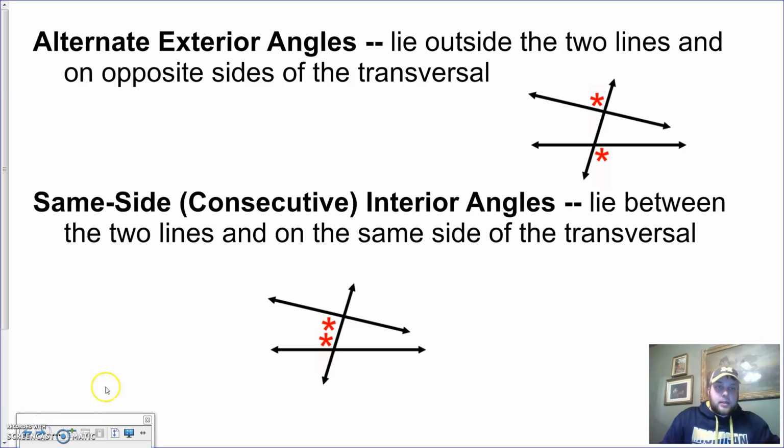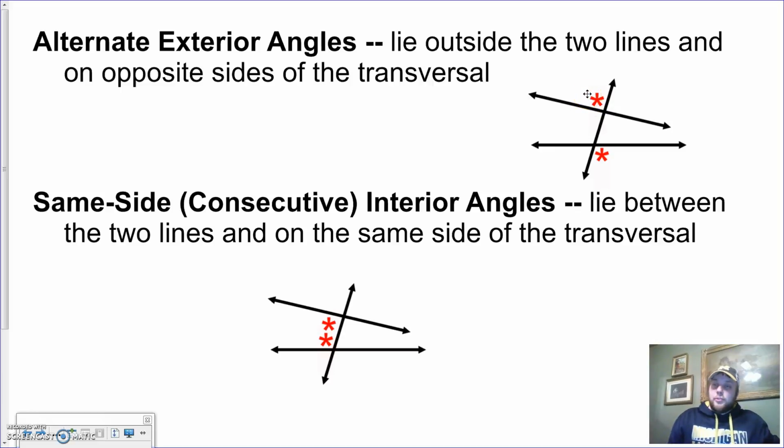Alright, next. Alternate exterior. Once again we got that alternating. Basically what alternate exterior is, they're alternating on the transversal. So you got one over here on this side of the transversal, one on the right side of the transversal, and they're exterior. Exterior means the outside. So notice they're not in between the two lines, they're on the outside.